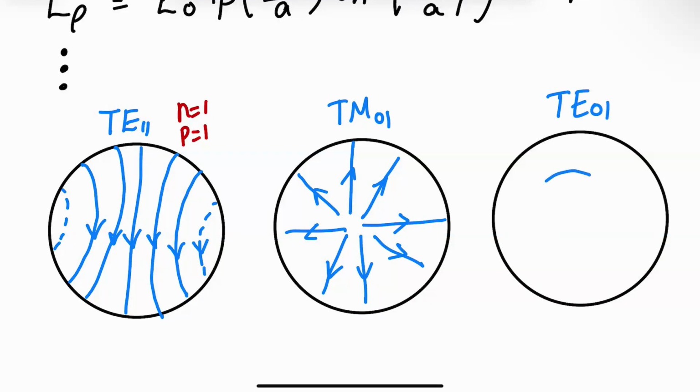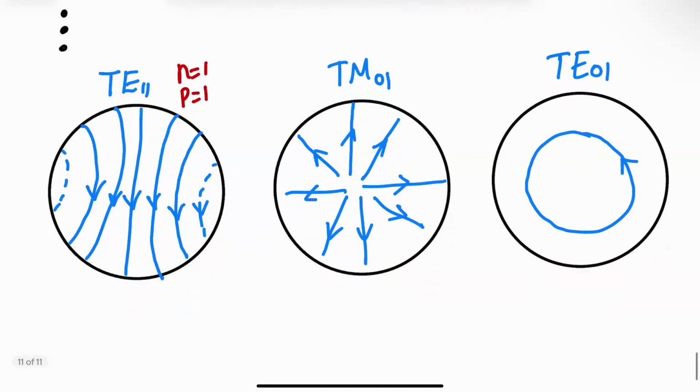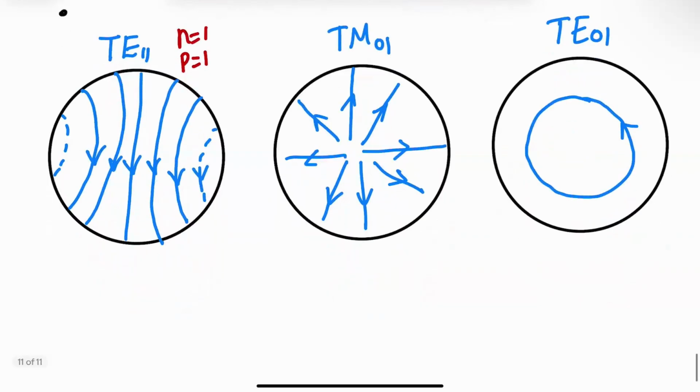TE01 is something like this, propagates like that. This is actually degenerate with the TM11 mode, which means they both have the same KC. Okay, so let me actually draw this out. So it's basically electric field is going around in circles.